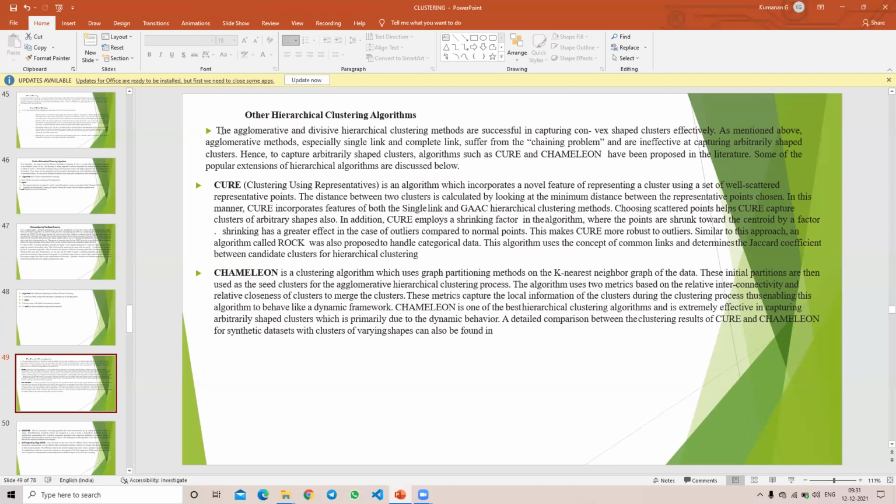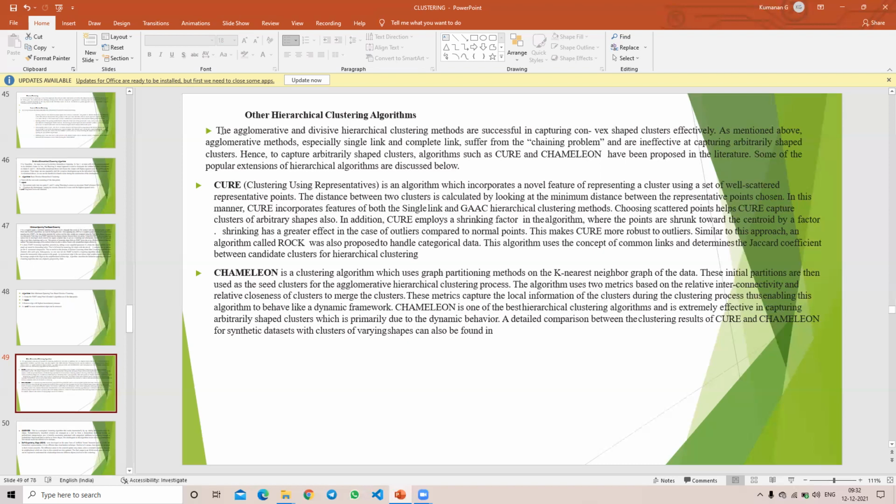The distance between two clusters is calculated by looking at the minimum distance between the representative points chosen. In this manner, CURE incorporates features of both single link and GAC hierarchical clustering methods. Choosing the scattered points helps CURE capture clusters of arbitrary shapes also.